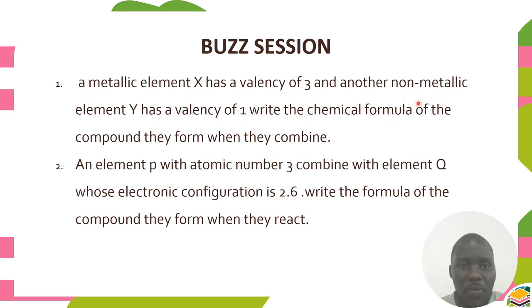Write the chemical formula of the compound they form when they combine. Question number 2: an element P with atomic number 3 combined with element Q whose electron configuration is 2,6. Write the formula of the compound they form when they react.